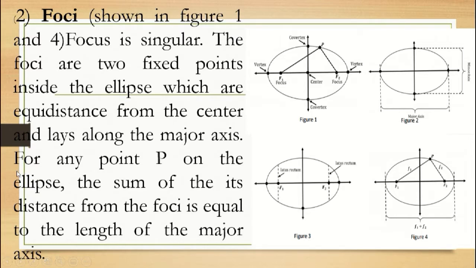On the other hand, for any point P on the ellipse, the sum of its distances from the foci is equal to the length of the major axis. Once again, as what we have discussed earlier, the sum of the distances of point F sub 1 going to point P and point P going to F sub 2 is equal to the length of the major axis.